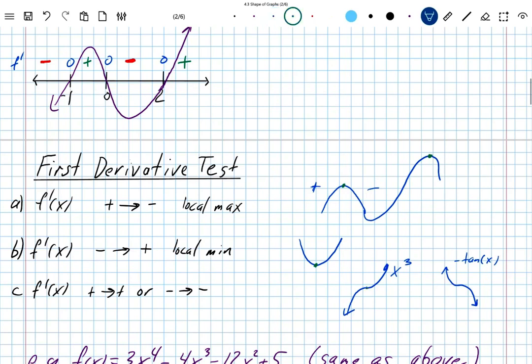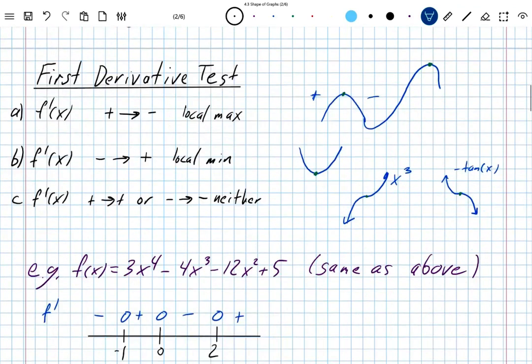Right there or right there. Okay, but notice it's not a max or a min. It's like I paused for a second, but it wasn't even a second. It was an instant, right? It wasn't even a measurable amount of time. And so this is just neither. I can have a 0 in my derivative without having a max or a min. It's really that change in signs. Neat.